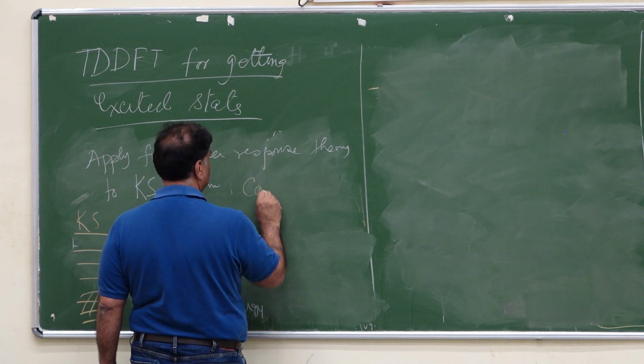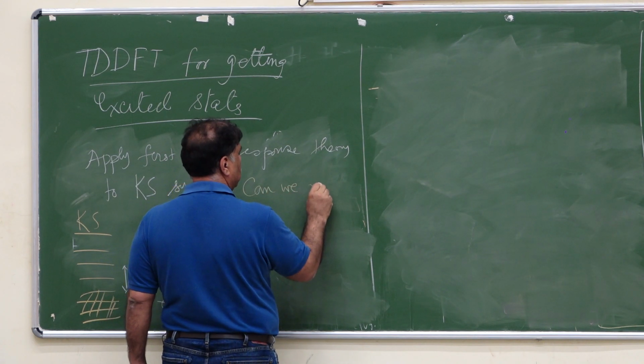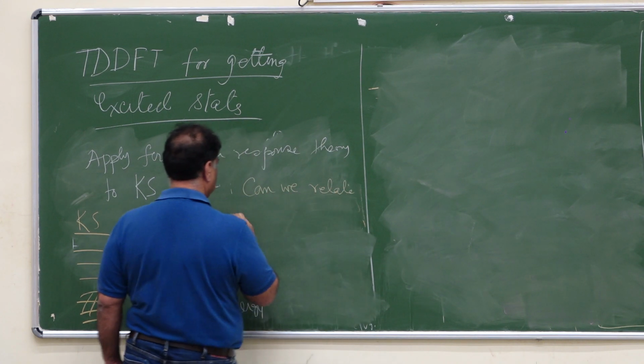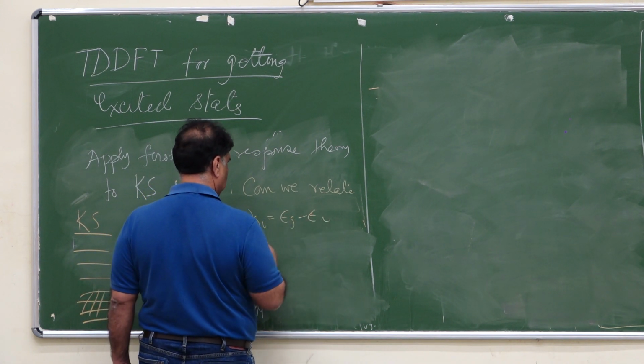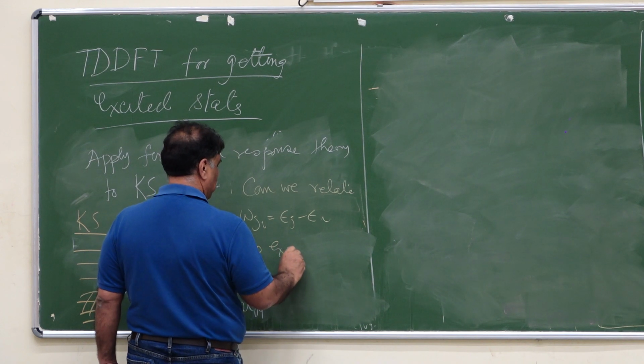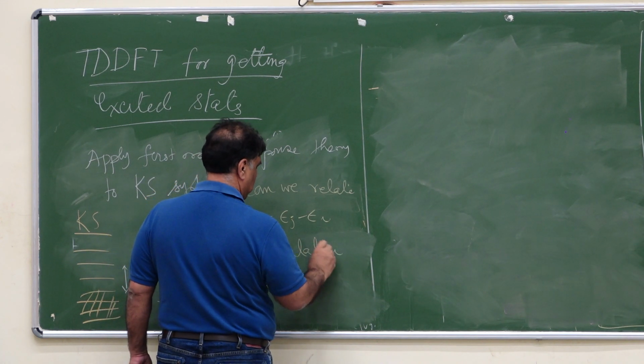Can we relate, say, omega j i to excitation?